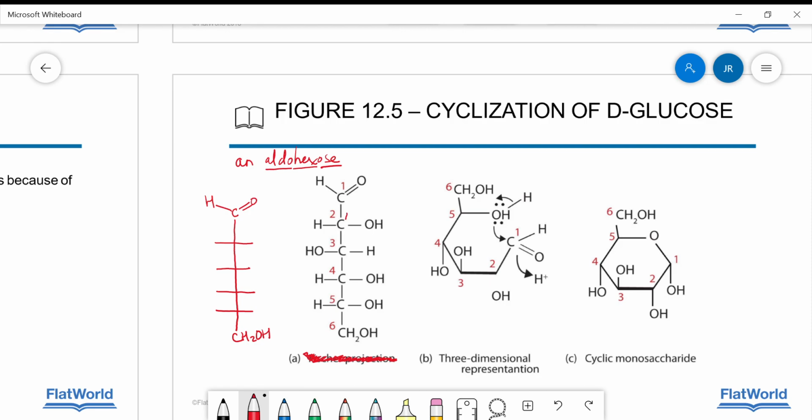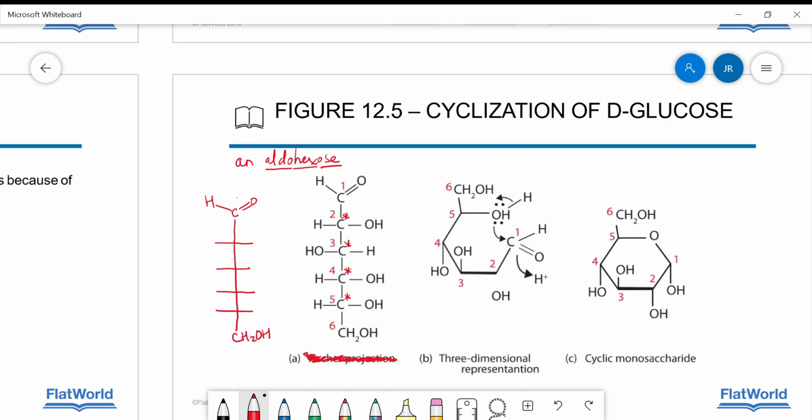Because a Fischer projection acknowledges chirality centers. So this sugar and all sugars have multiple chirality centers.